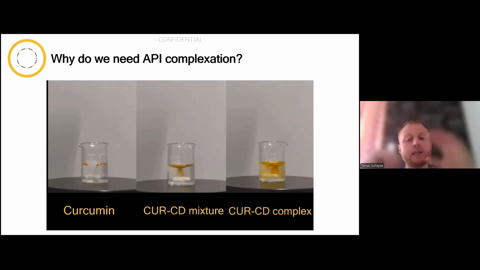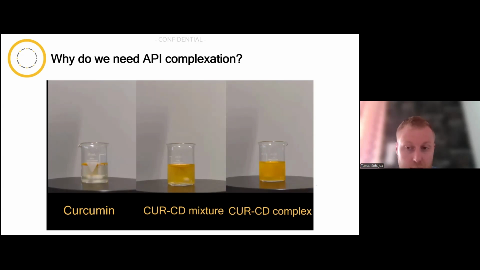So what you can see is that in the first case, there is technically no wettability and almost no dissolution. In the second composition, the cyclodextrin improves a lot the wettability of the compound. There is no real complex here, but there is an improved dissolution.